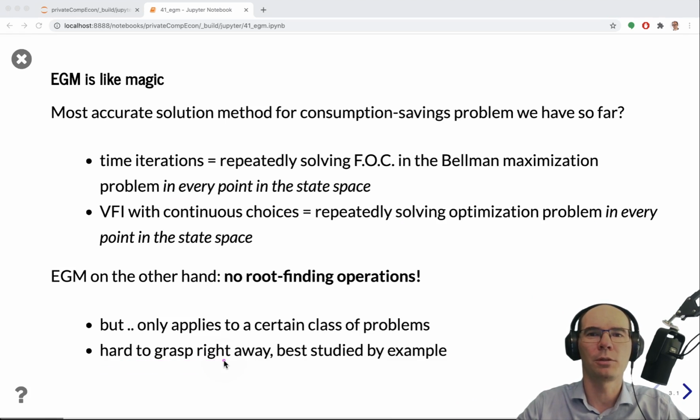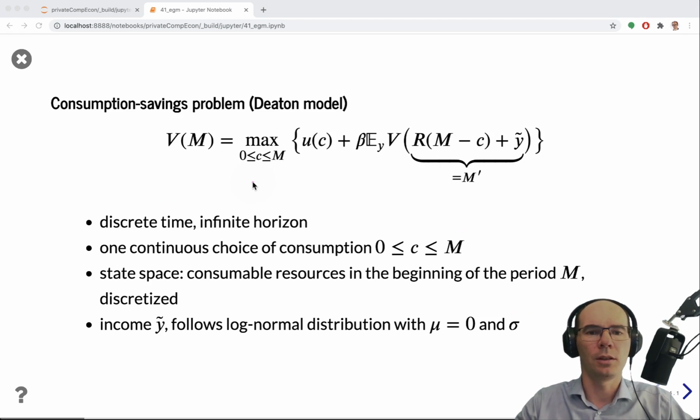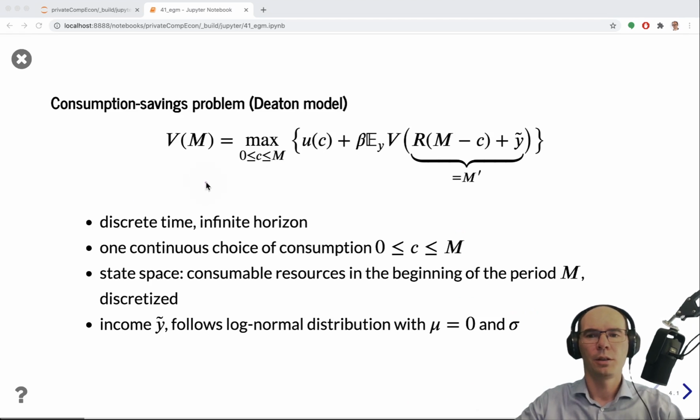In my experience of explaining and teaching the method, it turns out that, because it's magic, you have to turn your head around it and spend some time with it. So that's what we're going to do in this video. We will use the consumption savings model as the leading example in exactly the same form that we've been using in this course, with stochastic income and non-stochastic gross returns.